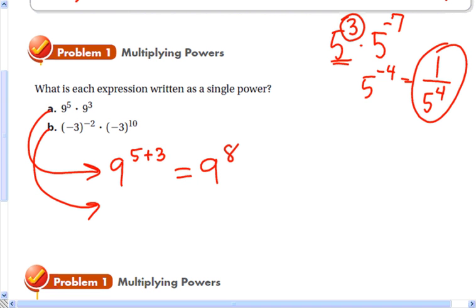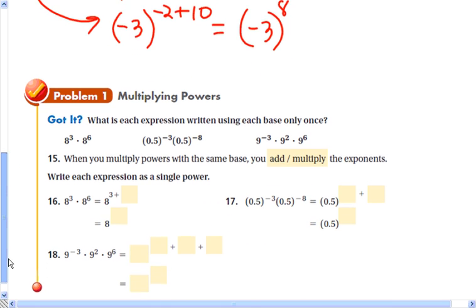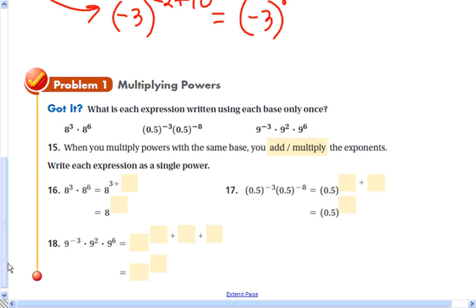And then we're multiplying by negative 3 by itself 10 times. So the effect of that is multiplying by negative 3 8 times. All right. So I'm going to pause here, and you can do these problems and check back.